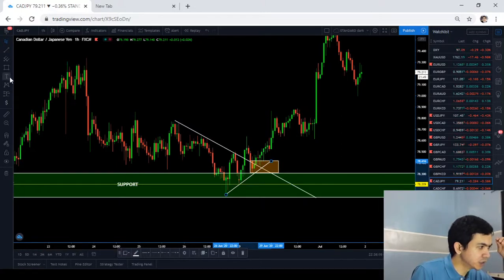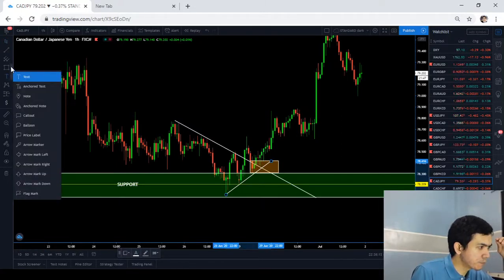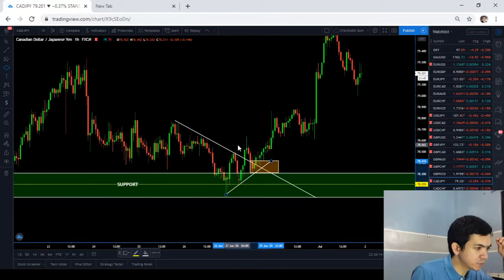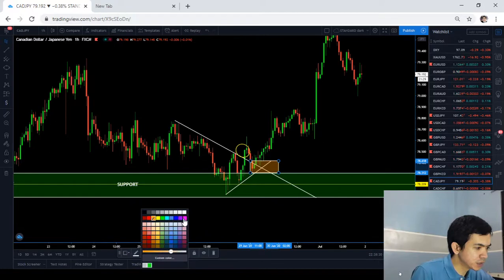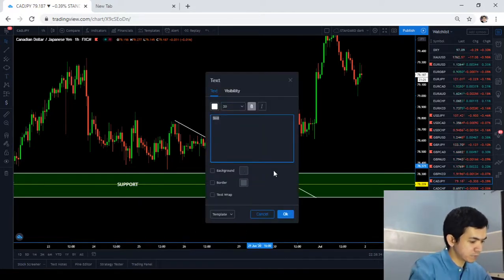Na-break siya dahil dito, through this candle. Nag-close siya above that counter trend line. And we are now sitting at a key significant level of support. Okay? So, this will be our HPT zone for a buy or long setup.